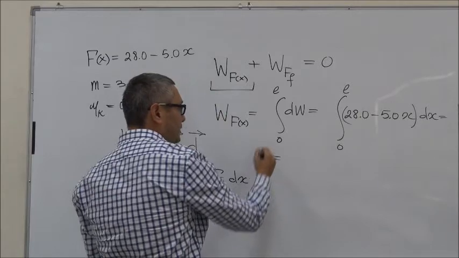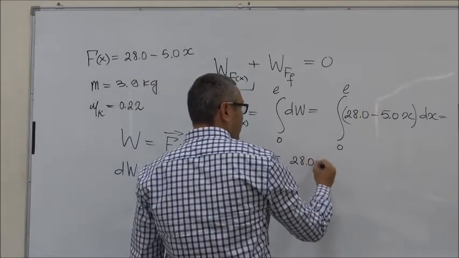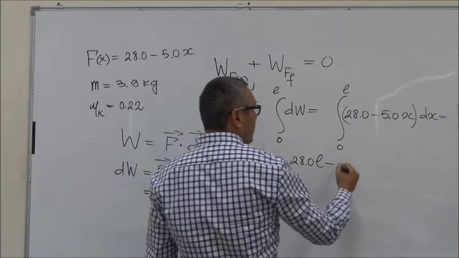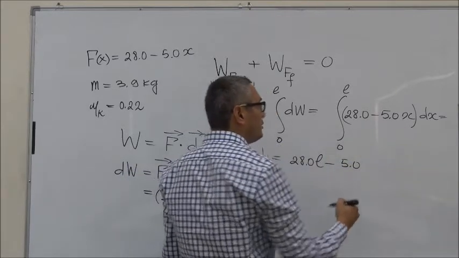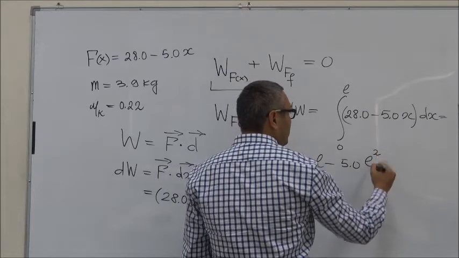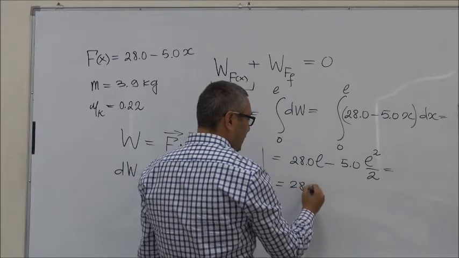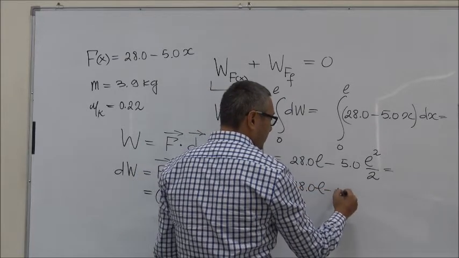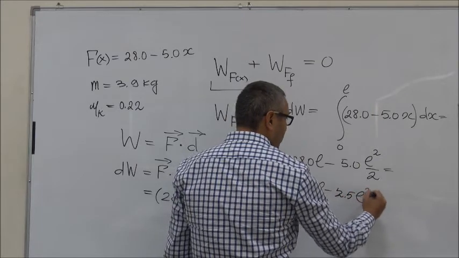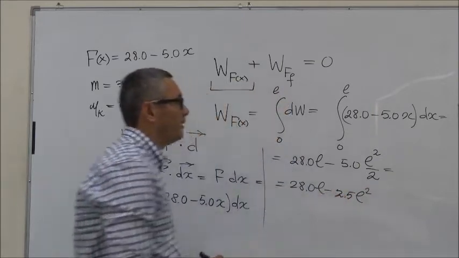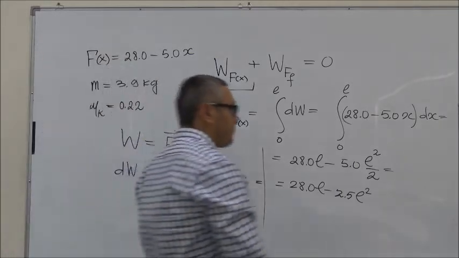So this integral is then equal to 28L minus 5, and x becomes x squared over 2, so you have L squared over 2, or 28L minus 2.5 L squared. So what do we do with the friction force?